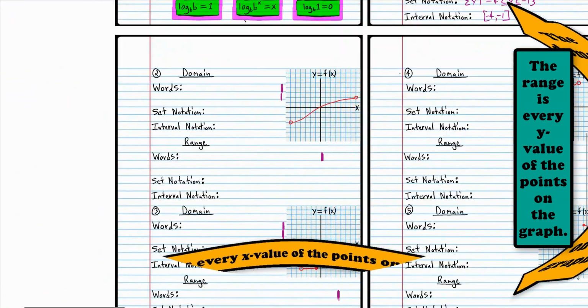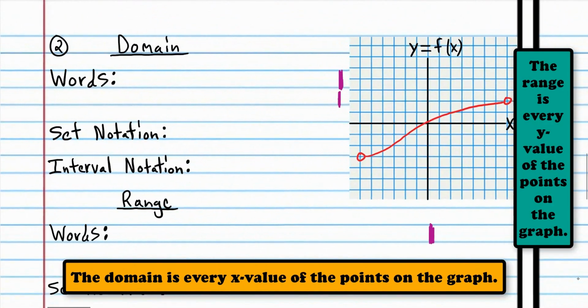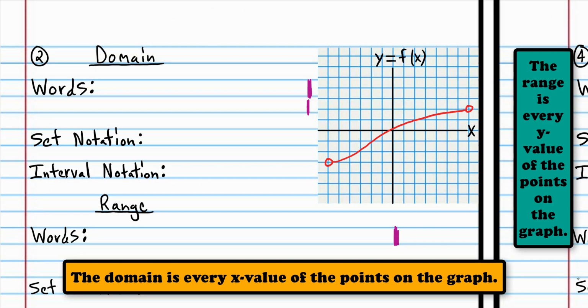Okay, let's do a couple more of these problems before you try one on your own. So if you look at this graph here, we're going to find the domain. All of the x values of the points on that graph are between -6 and 7.